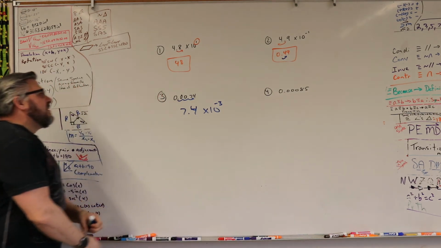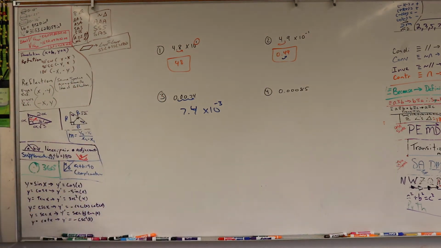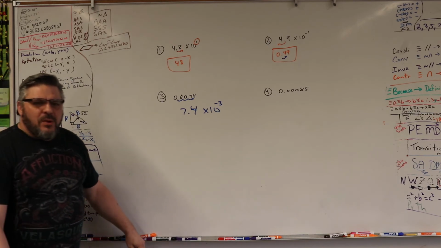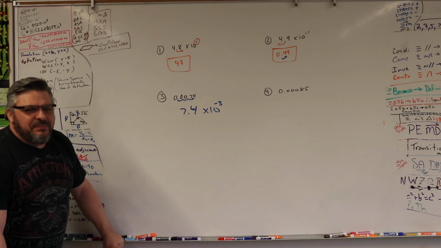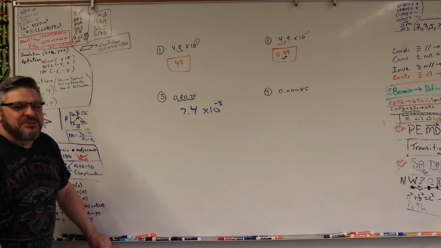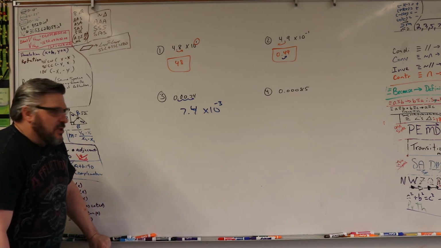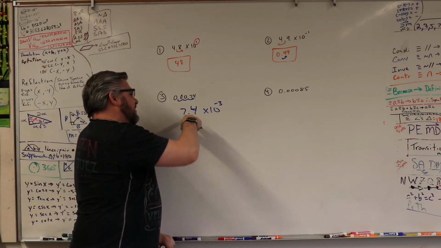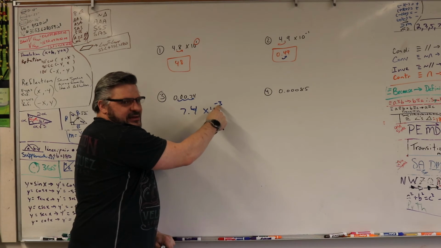So I used to teach this a long time ago. And the way we came up with it for learning to remember it is: do I have to make the number bigger or smaller?